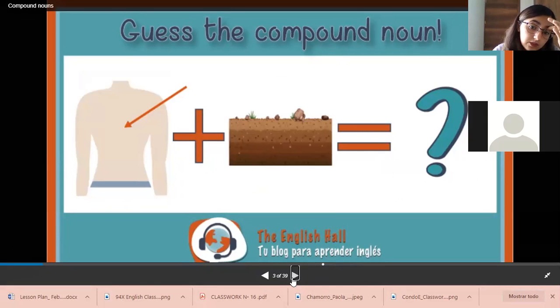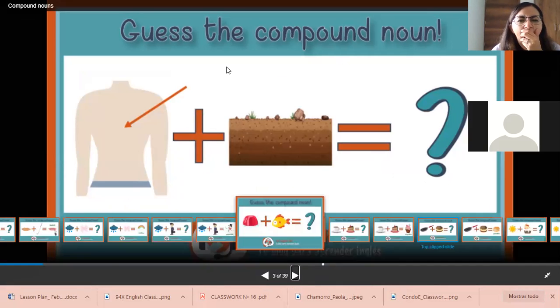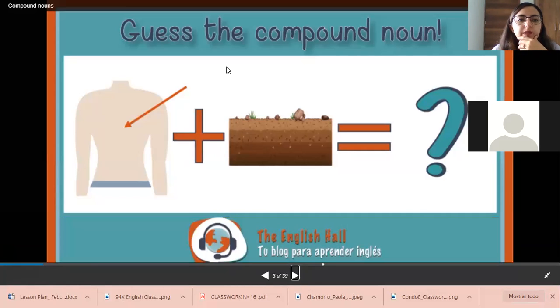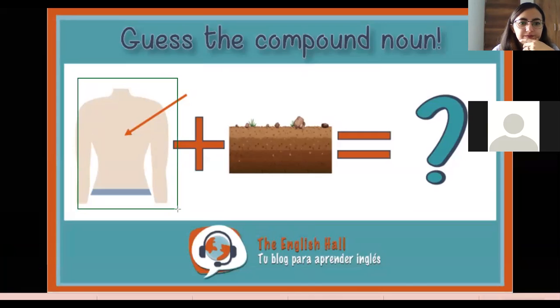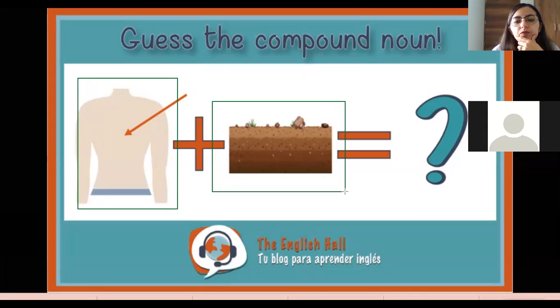For example, this one. What do you think it is? What part of the body is this? It's the back. And on the other side, what do we have?